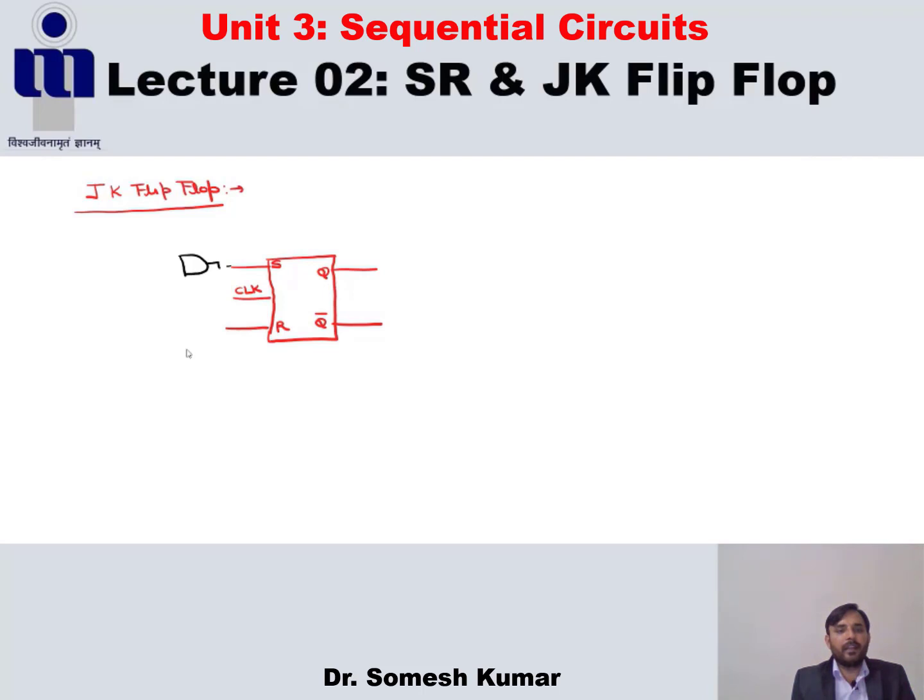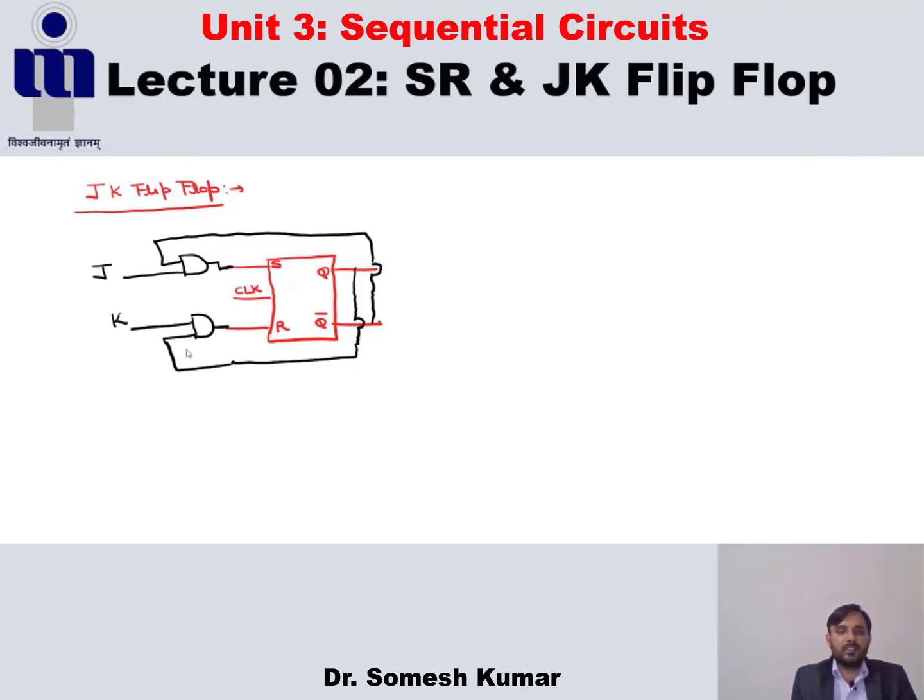I place one AND gate here and connect the output Q bar to its input, and the output Q is connected to the input of the other AND gate like this. This input I denote as J, and this input I denote as K.